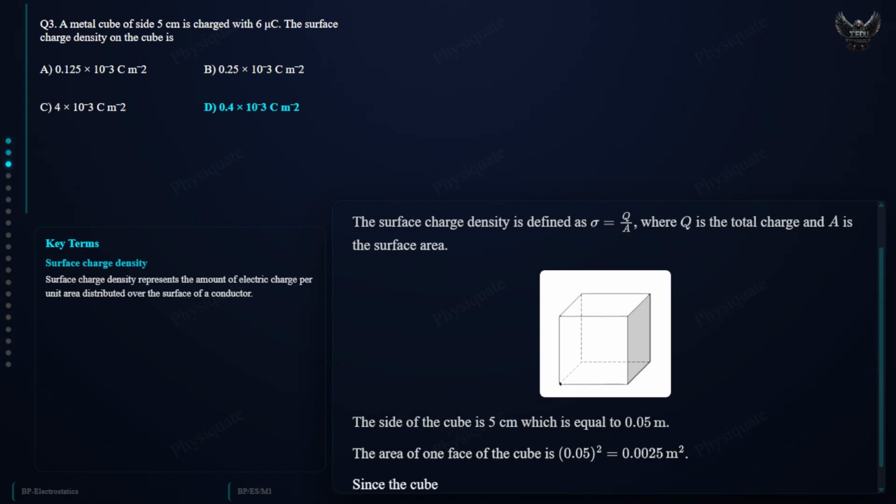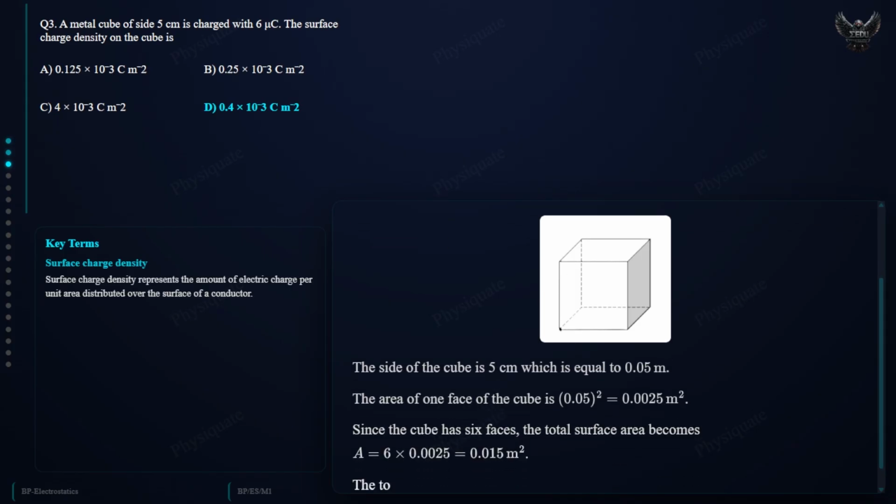Since the cube has 6 faces, the total surface area becomes A equals 6 times 0.0025 equals 0.015 meters squared. The total charge on the cube is Q equals 6 microcoulomb equals 6 times 10 to the power minus 6 coulomb.